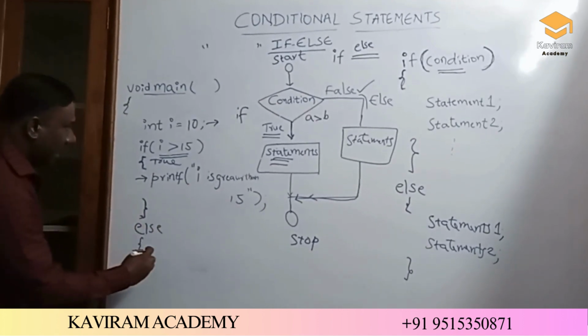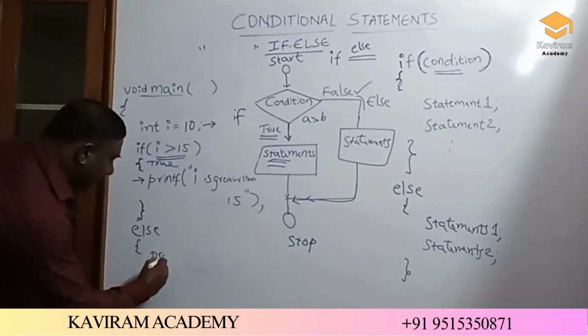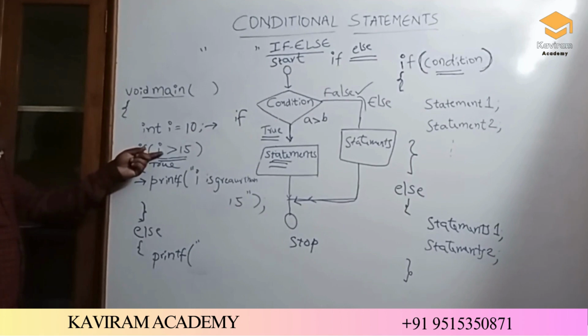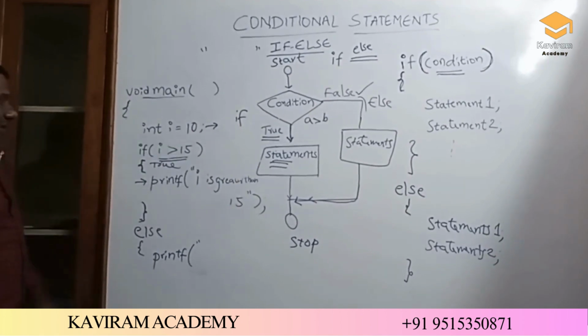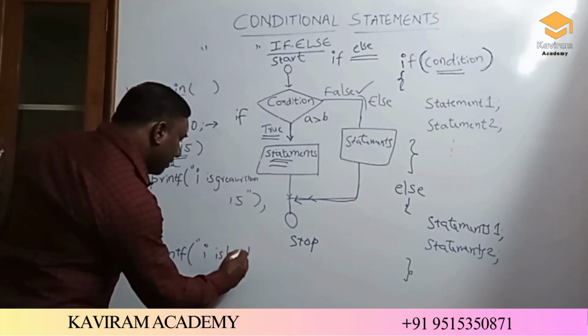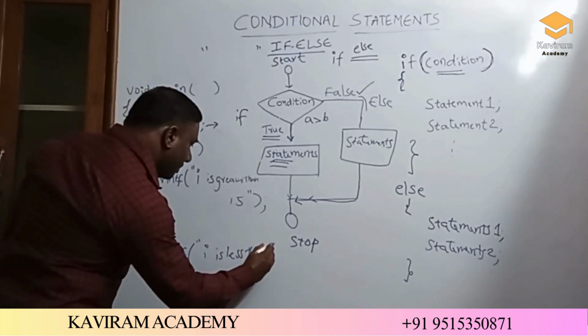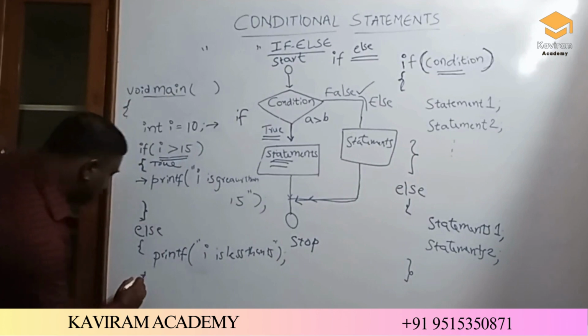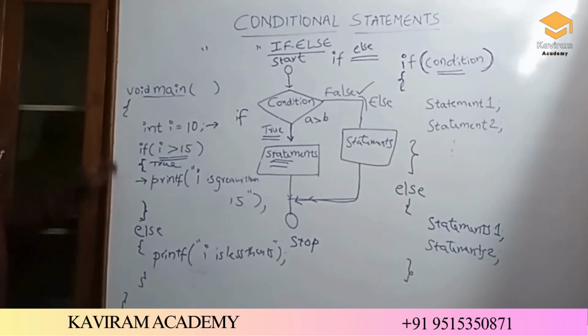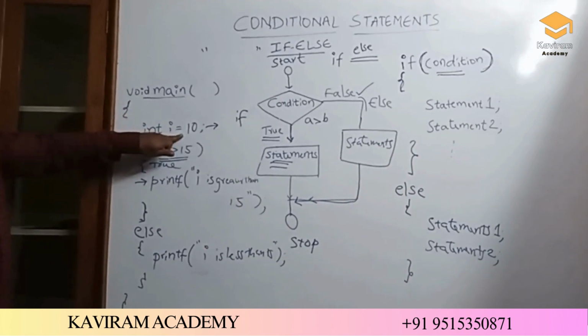Here I am writing the statement as printf. Here 10 is not greater than 15, so I will write i is less than 15. So this is the statement here. I am closing my main function. If you can see this program, i is 10.